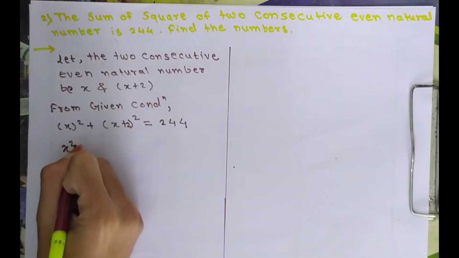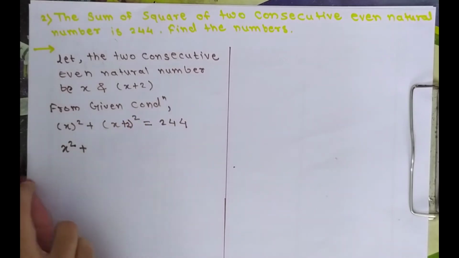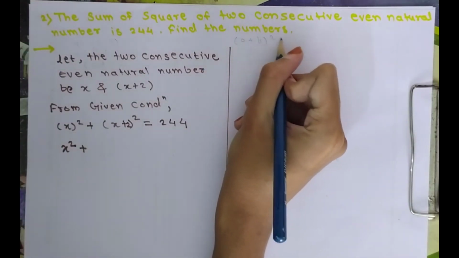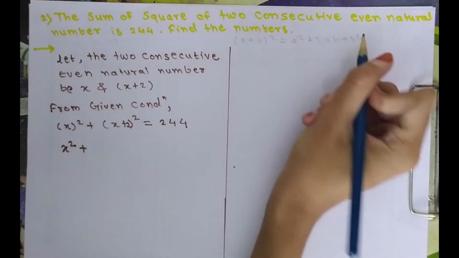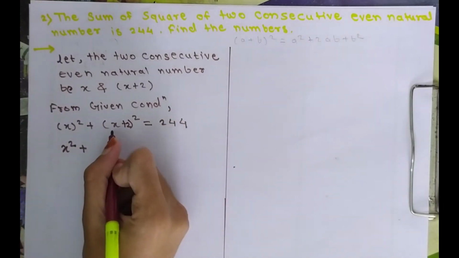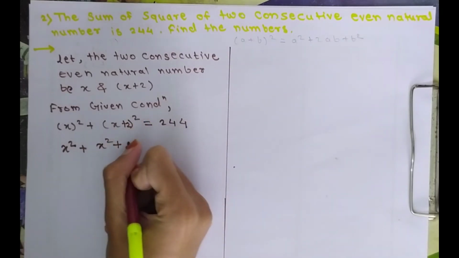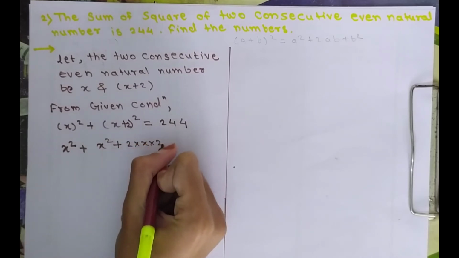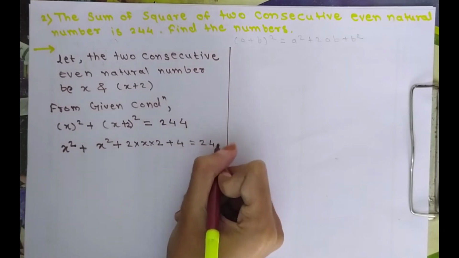So x square write as it is, and for (a plus b) square, solve that formula. What is that formula? (a plus b) square is equal to a square plus 2ab plus b square. By this formula, solve this. So first, a square means x square, plus 2ab, 2ab means 2 multiplied by x multiplied by 2, plus 2 square is 4, is equal to 244.